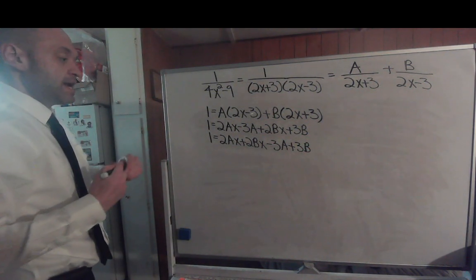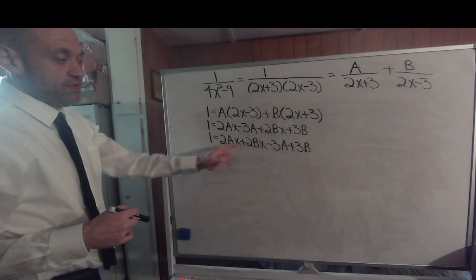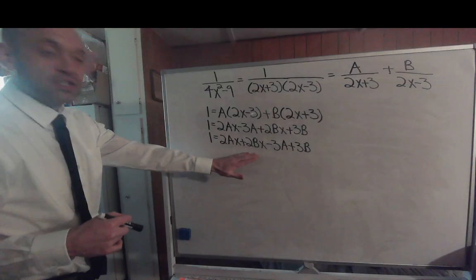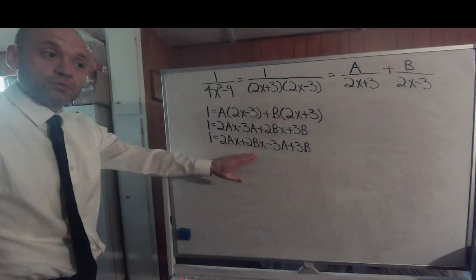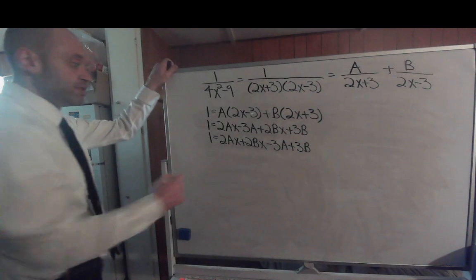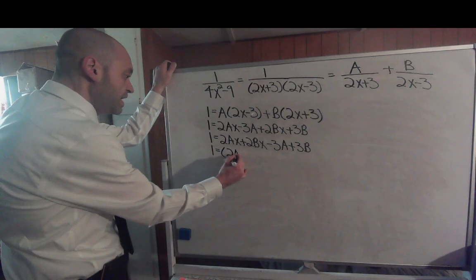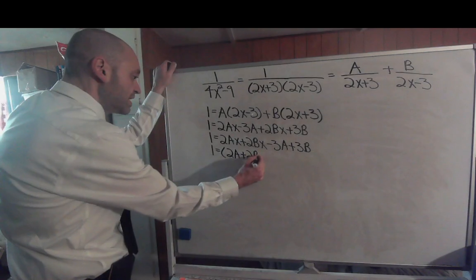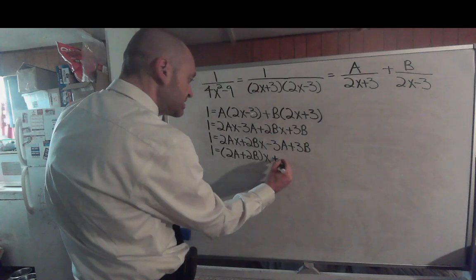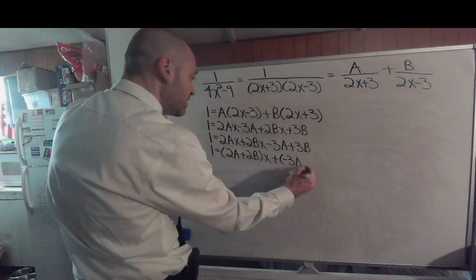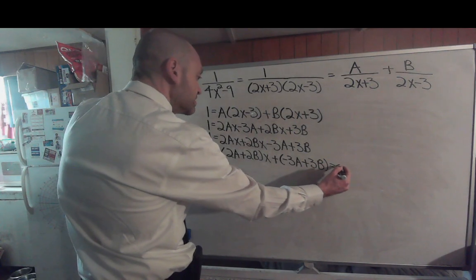For the first two terms, since we got our x terms together, we need to factor out that x. That's why I say get your terms together, to make your life a lot easier. So 1 would equal the quantity 2a plus 2b times x, plus negative 3a plus 3b.